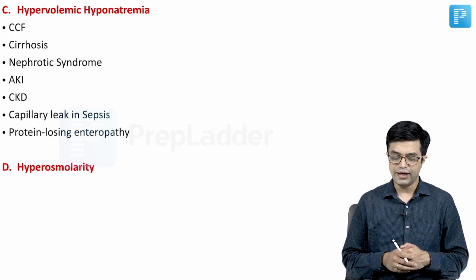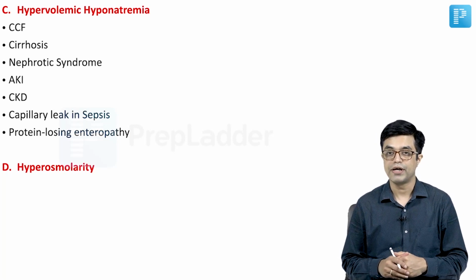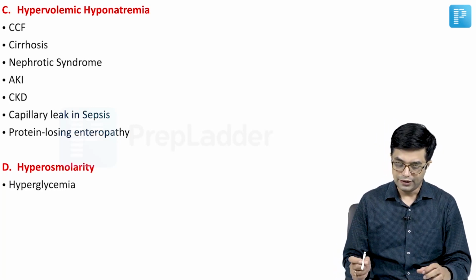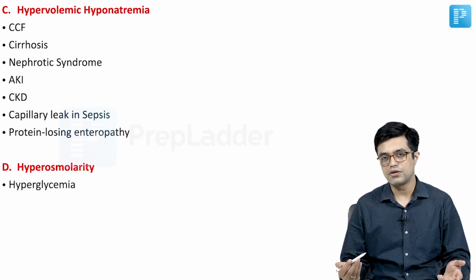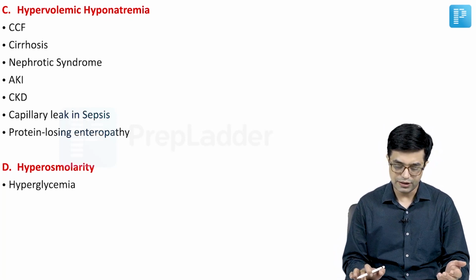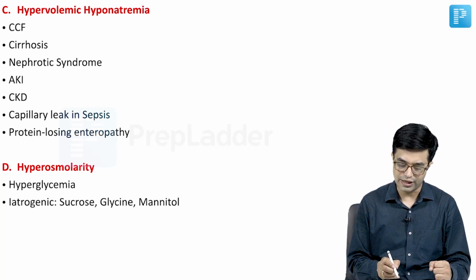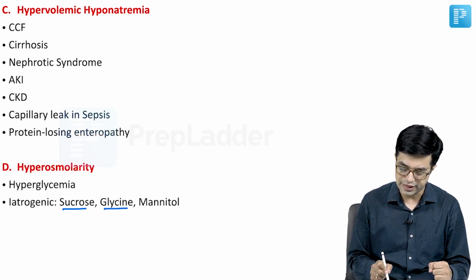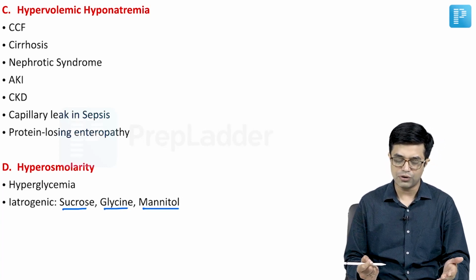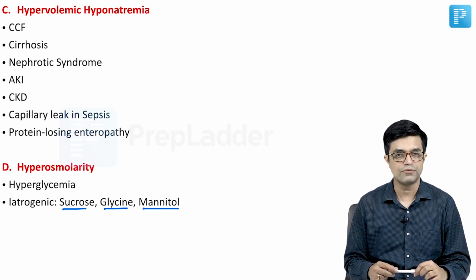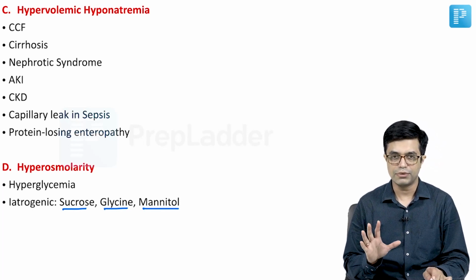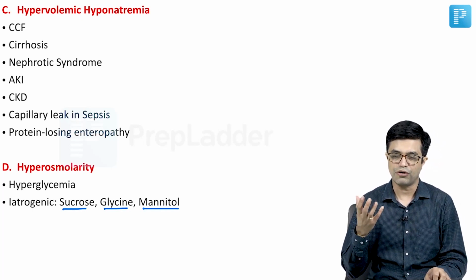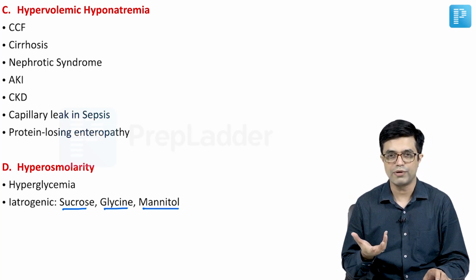The fourth condition is hyperosmolarity. Hyperosmolarity will be seen in patients of uncontrolled diabetes like hyperglycemia, and iatrogenic hyperosmolarity like sucrose, glycine, and mannitol. Now, why will hyperosmolarity lead to decrease in the serum sodium concentration? See, very simple. Suppose the blood glucose is very high.